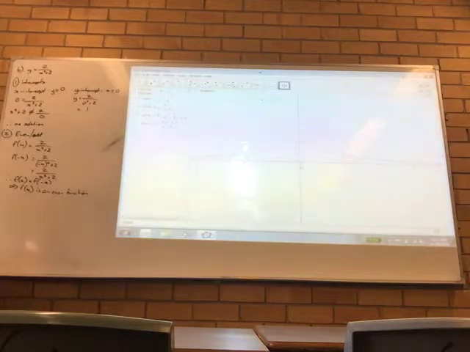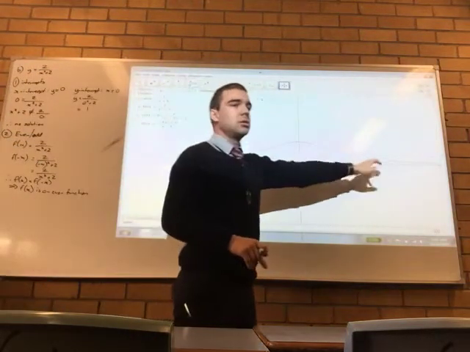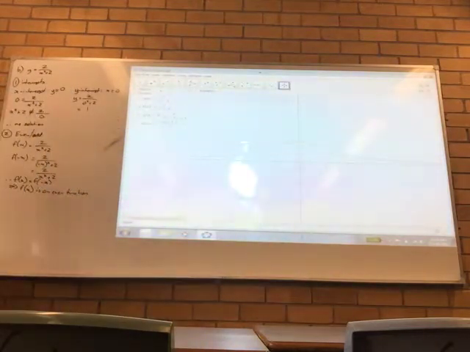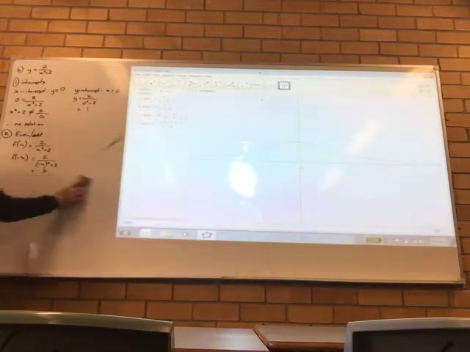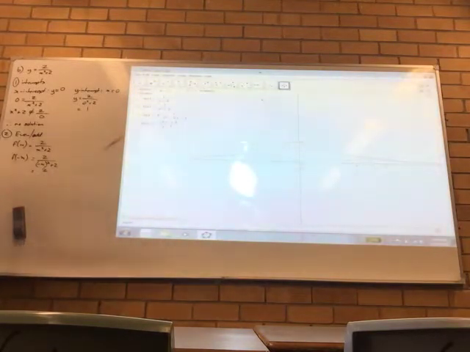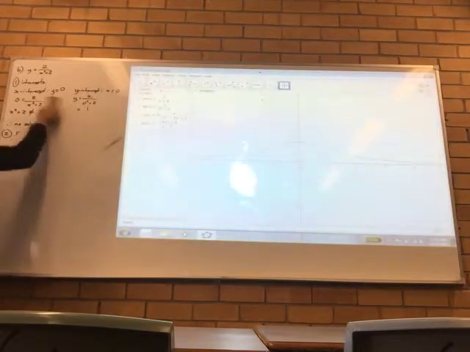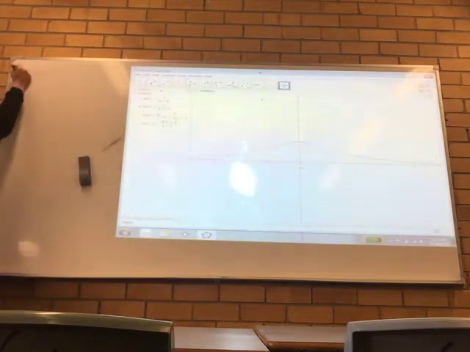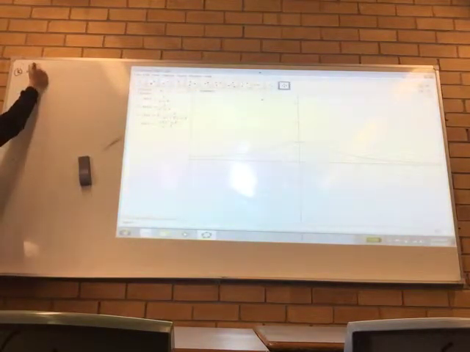At some point we're going to have to do a table of values to see what's happening with the curve, when we're considering the asymptotes. But just doing a table of values alone, we can overlook certain features of that graph. Right, asymptotes.